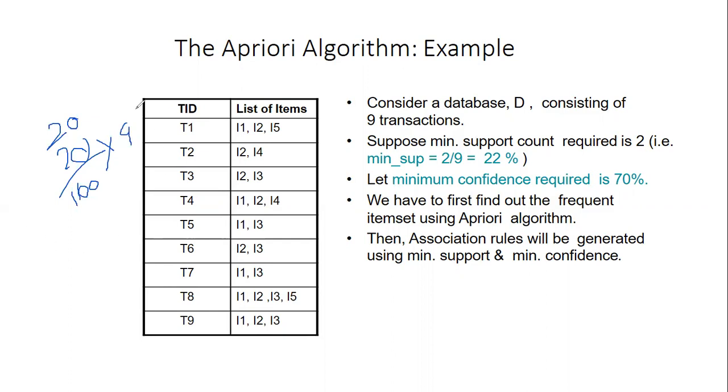This will be the method to convert a percentage into a number. If it comes to 2.9, then you can convert it into 3, so 3 will be your minimum support. If it is 2.4, you can just consider it as 2 only, so 2 will be your minimum support.